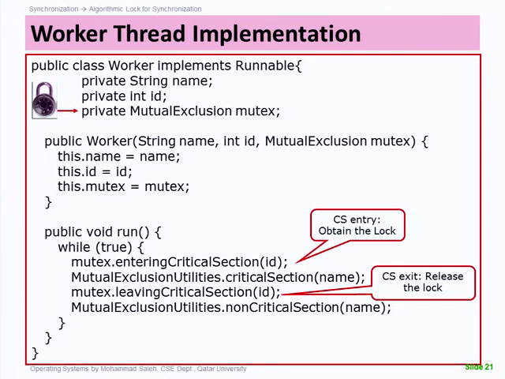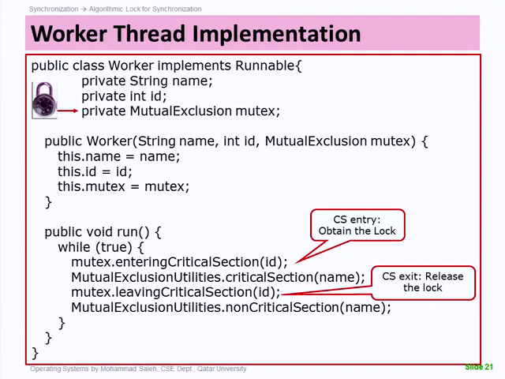Basically, we call it mutual exclusion, because we're going to have different implementations of the lock. However, this is an interface, mutual exclusion, that has two methods: entering critical section and leaving critical section, similar to what we just saw for the buffer.